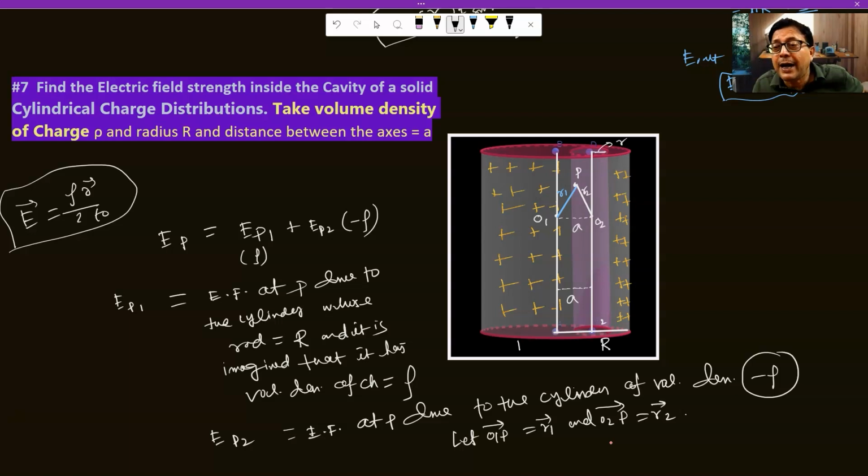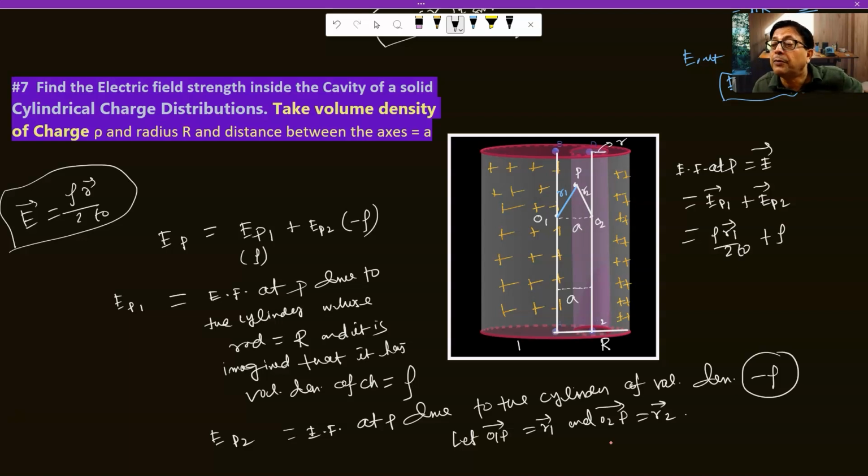So the electric field at P, I am writing here. I have written EP1; you write E only, just the E vector: EP1 vector plus EP2 vector. EP1 is due to the first cylinder. You know the formula: at distance R1, it is rho R1 by 2 E0.